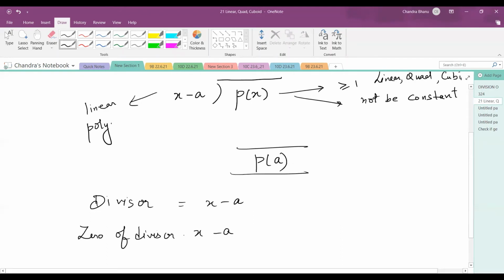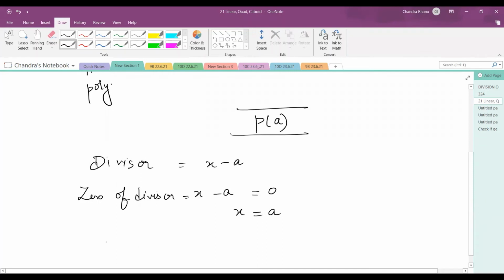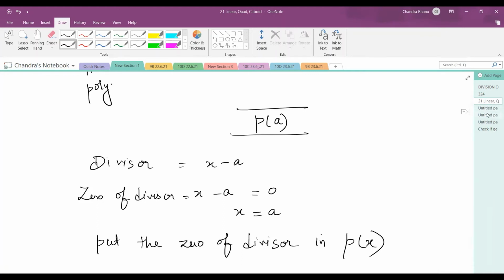If I put x minus a equal to 0, so my zero is a. So what is going to happen? I am going to put the zero of the divisor in the polynomial.